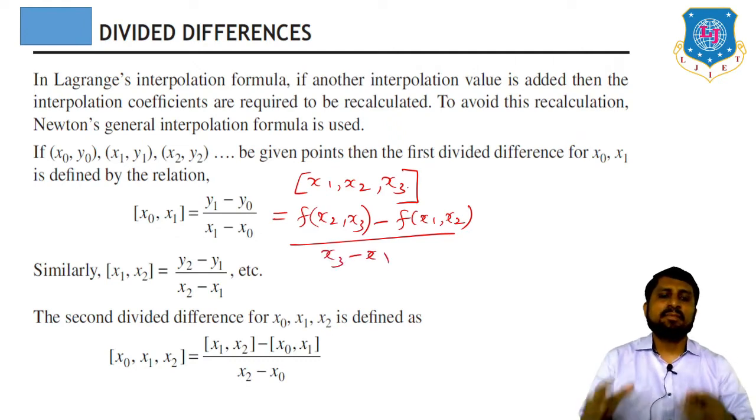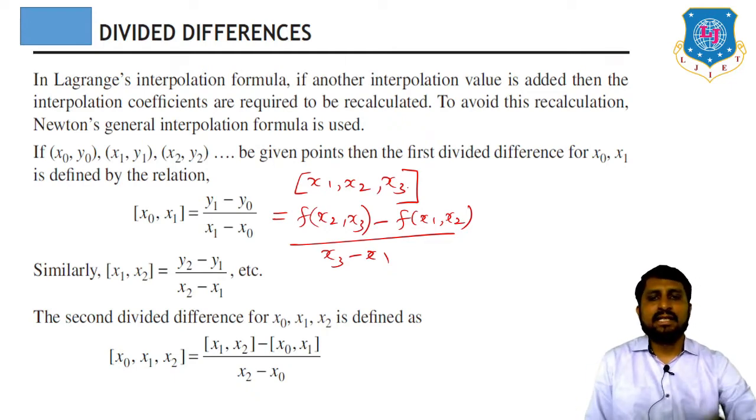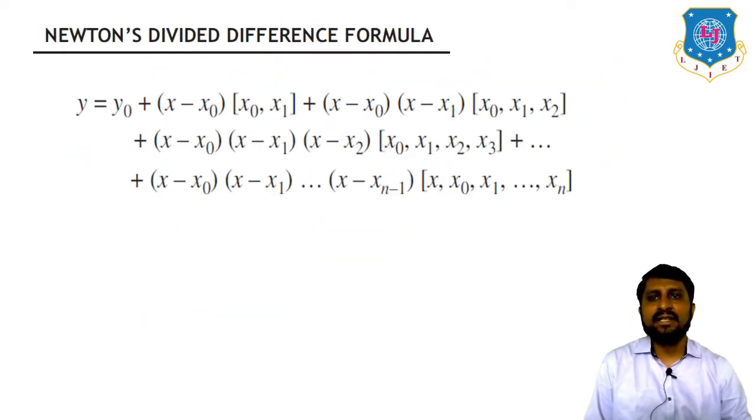Using this method you can also define the third divided difference, fourth divided difference and so on. To solve examples, you have to remember this formula, Newton's divided difference interpolation formula.